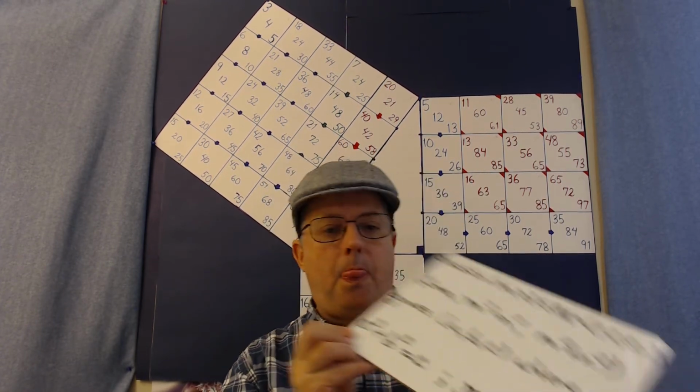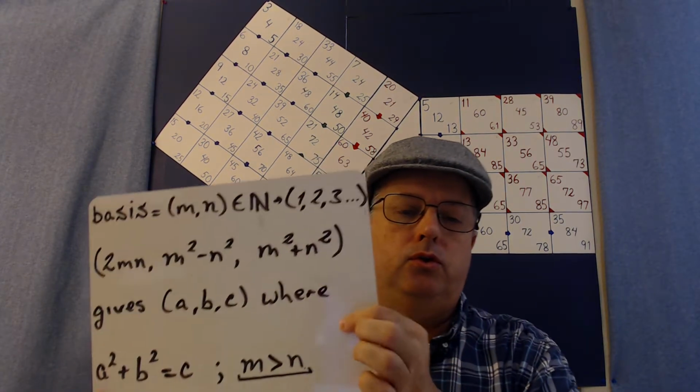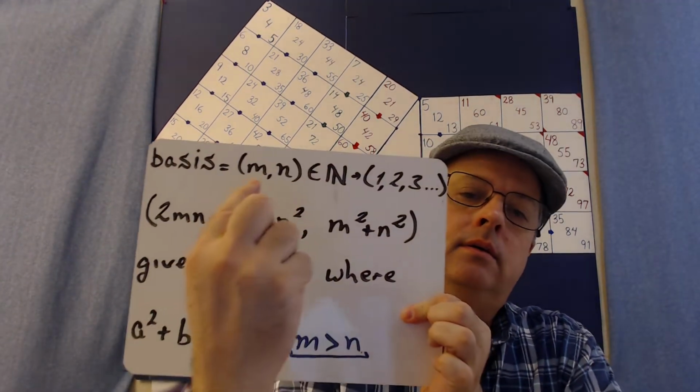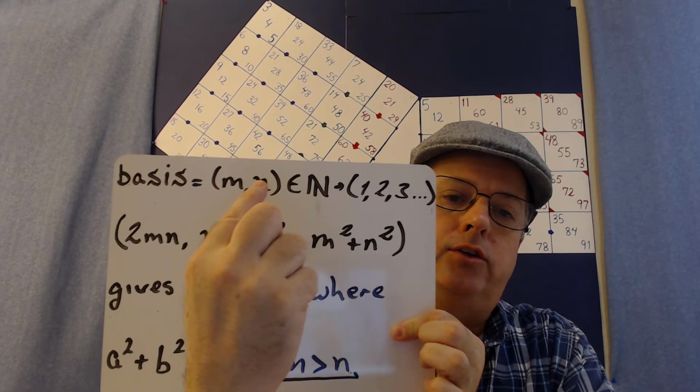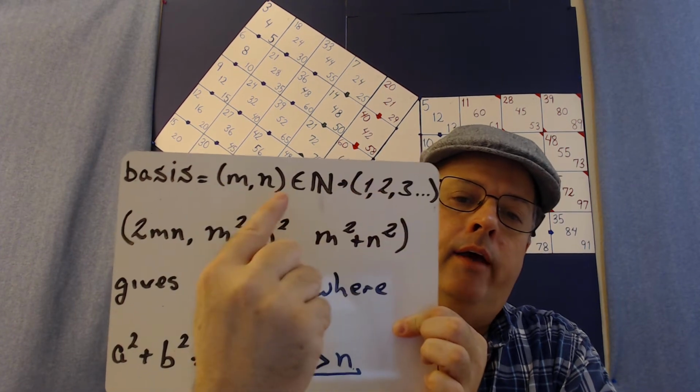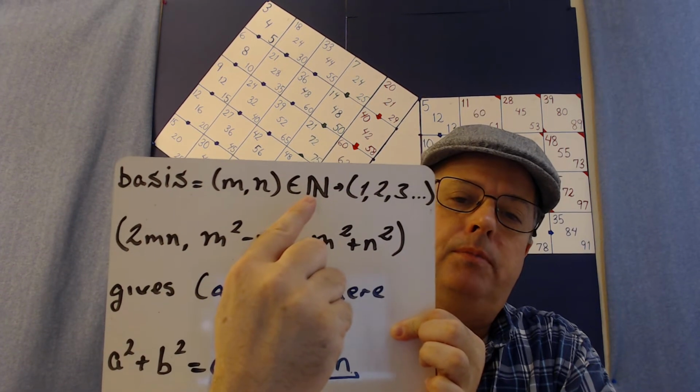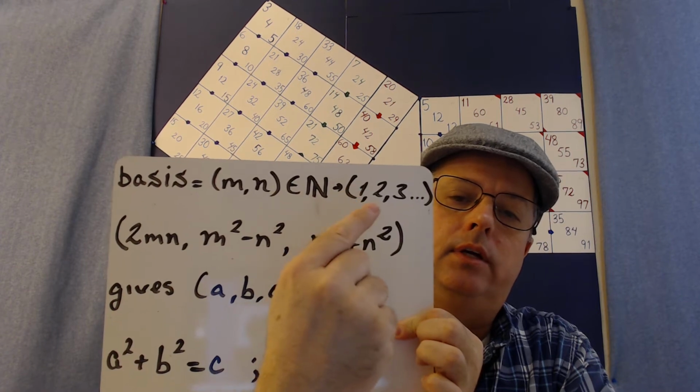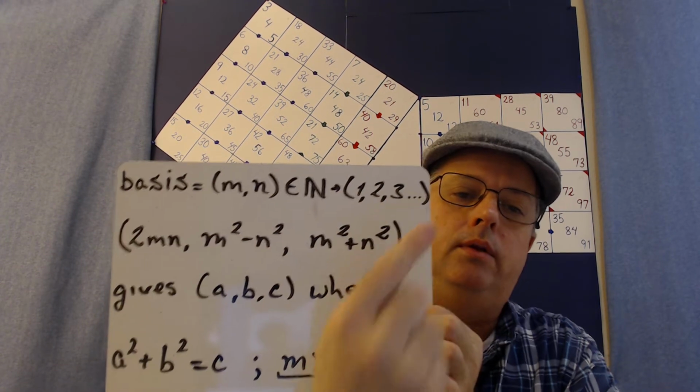And so let's establish that. We are looking at m and n values as our basis. These m and n values come from the natural numbers, the counting numbers 1, 2, 3, and so on.